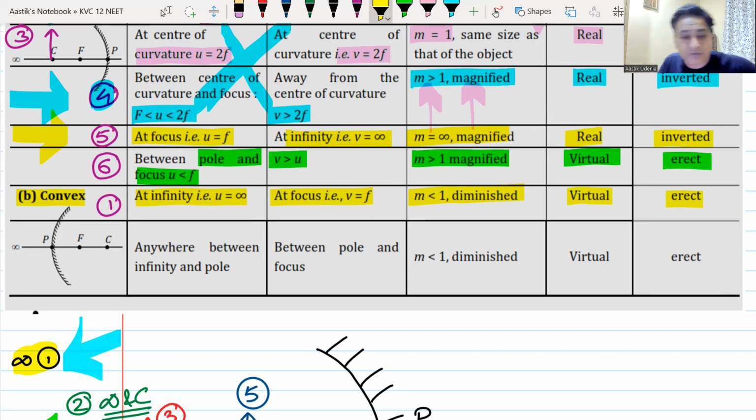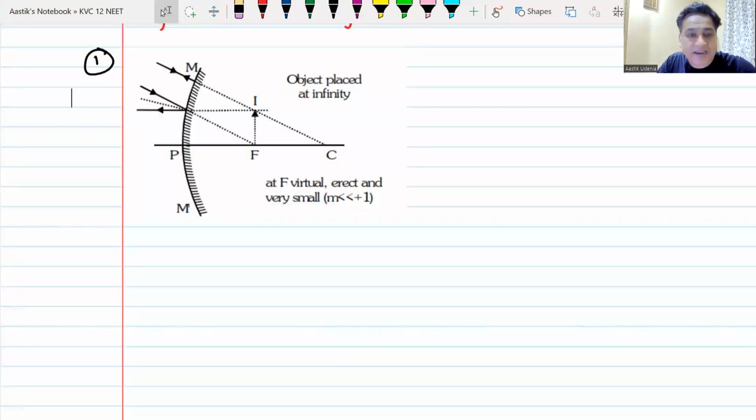Do we understand this? Have you noted it down? And this is the example of the image being formed virtually behind the mirror, and this is the diagram that I was talking about.